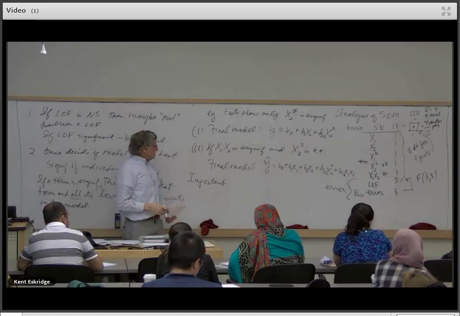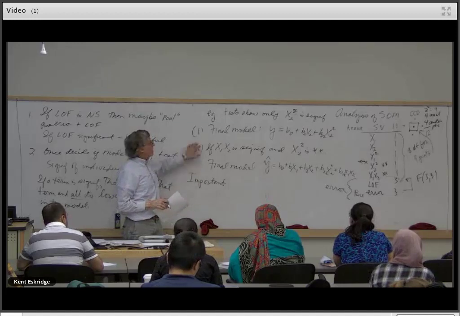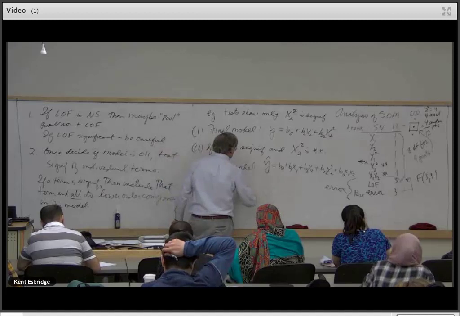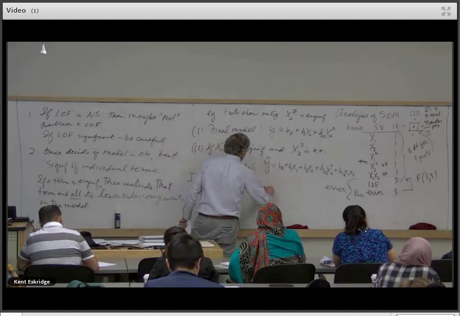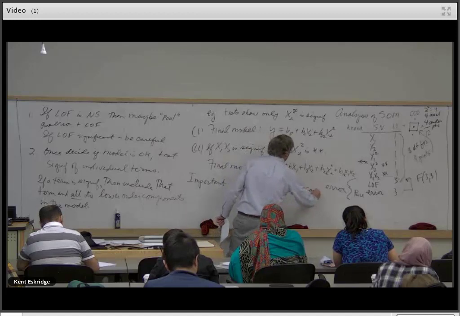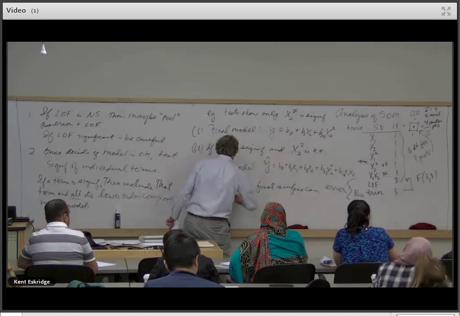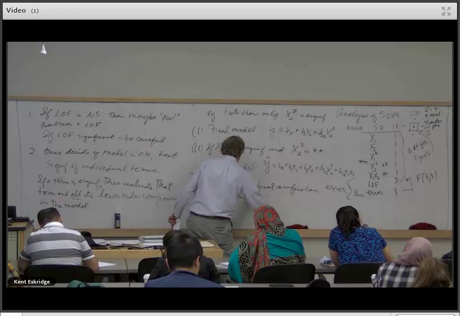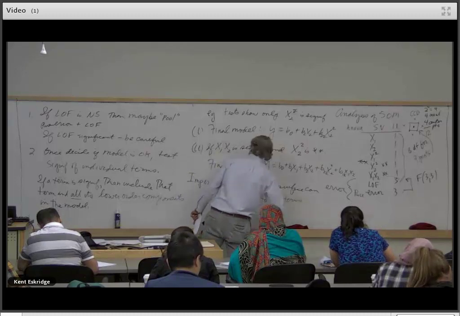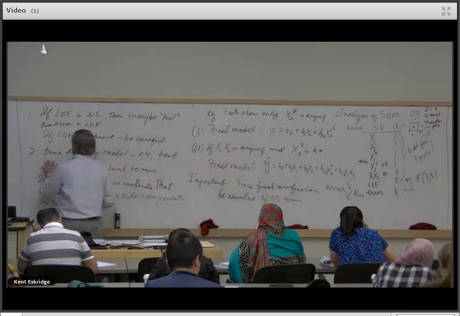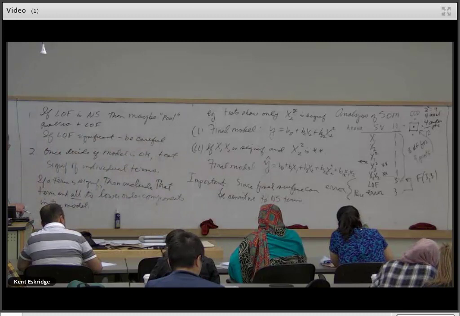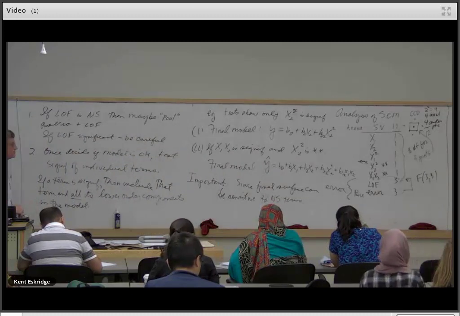Okay? So you need to make sure you get a pretty good final model by going through this process. Important, since the final surface can be very sensitive to non-significant terms. So this rule is very important. If a term is significant, include that term and all its lower order components in the final model.